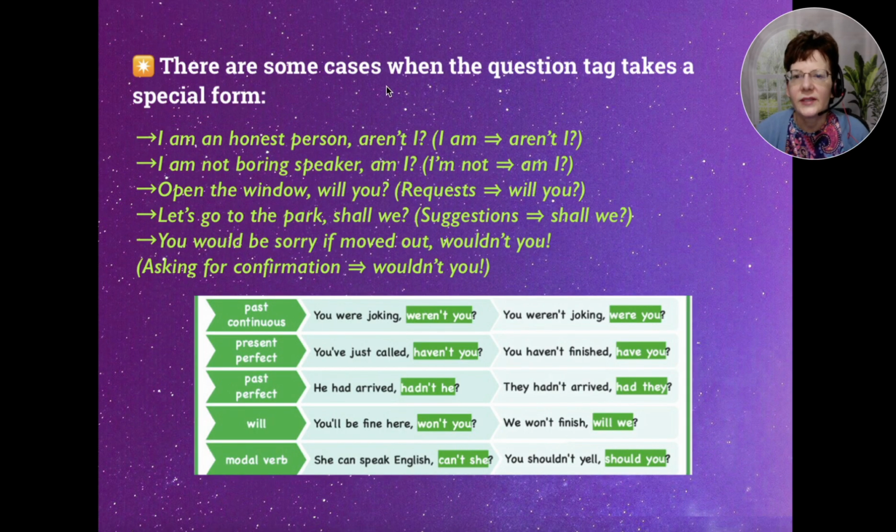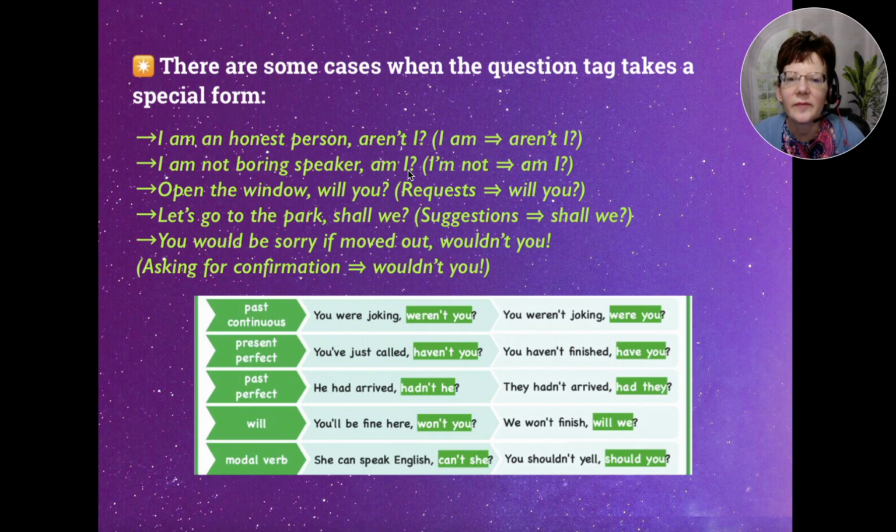All right. Well, there are some cases when the question tag takes a special form. So, for example, if we say, I am an honest person, aren't I? Or you can say, I am, aren't I? So, short form. All right. And then: I am not a boring speaker.